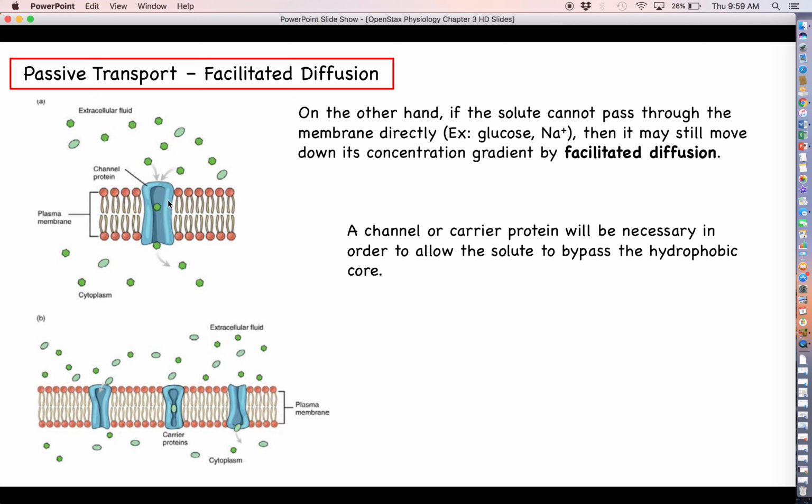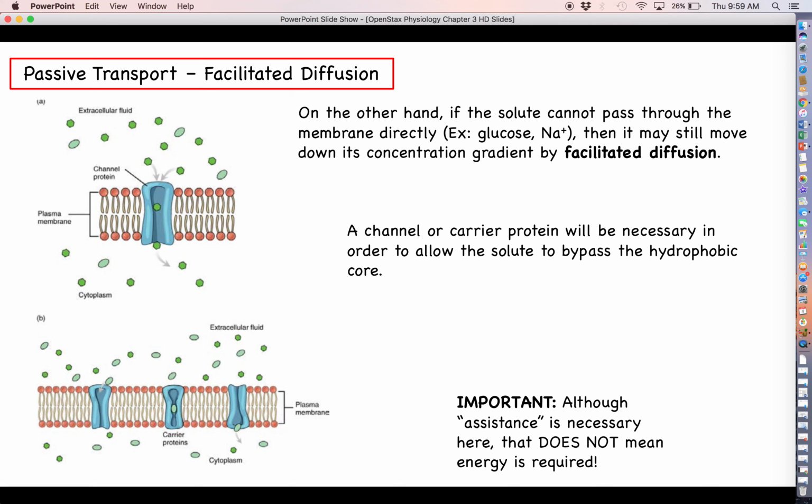Basically, the wall of this carrier or channel shields those solutes from the hydrophobic core. So the fatty acid tails don't know what's going on. The sodium or glucose or whatever don't know what's going on either. Everyone is kind of blissfully ignorant in that regard.